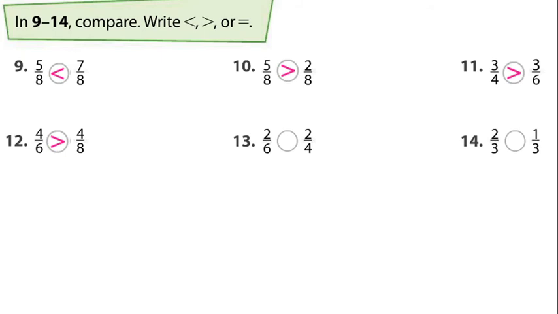Is 2 over 6 less or greater than 2 over 4? 2 over 6 is less than 2 over 4. Very good. Question 14. Is 2 over 3 less or greater than 1 over 3? Yes, excellent. 2 over 3 is greater than 1 over 3.